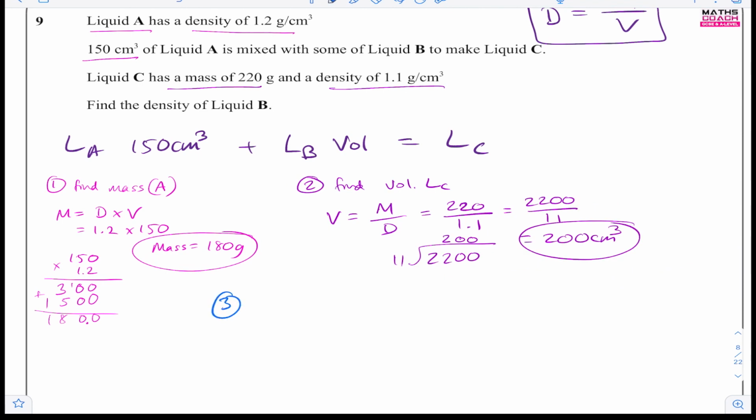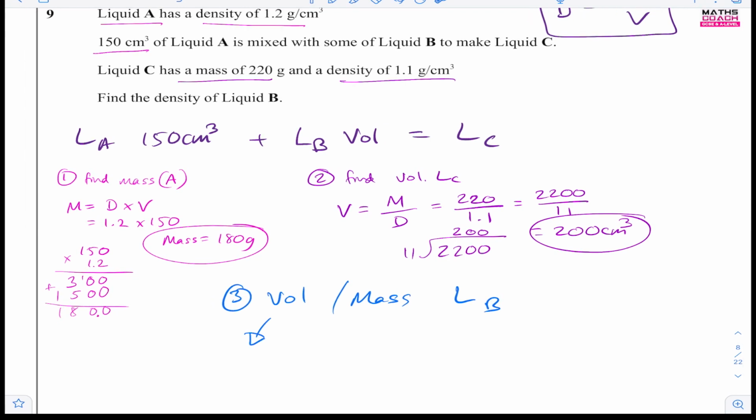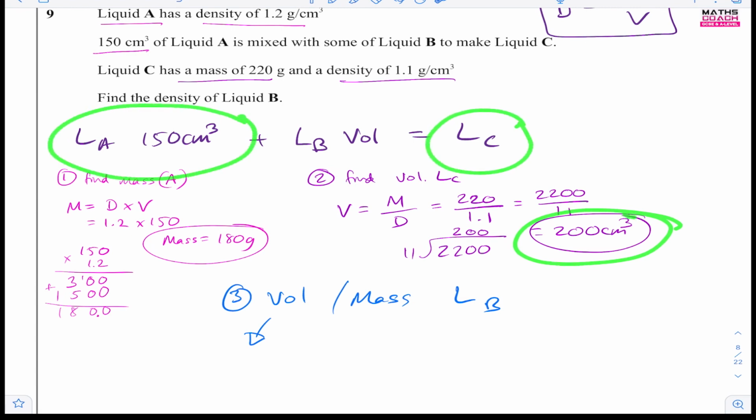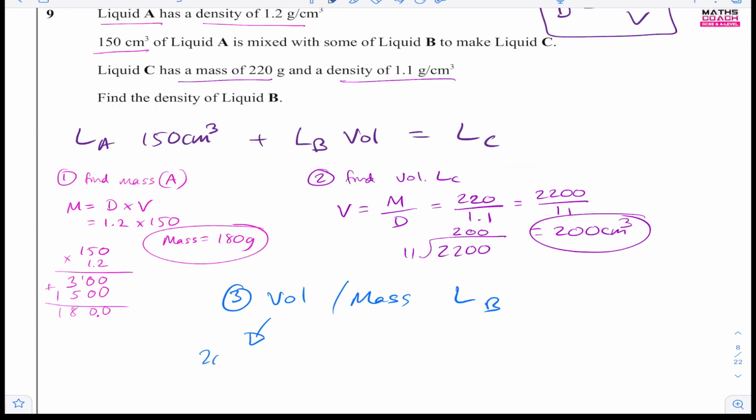And finally, we're going to find the volume and the mass of liquid B. So to find the volume, we know that the total volume used is 200, because that was the volume of what C was. 150 of that was A, so therefore 200 minus 150, which is 50 centimeter cubed, which is the volume of B. The mass, in a similar way, we know the mass of A was 180.